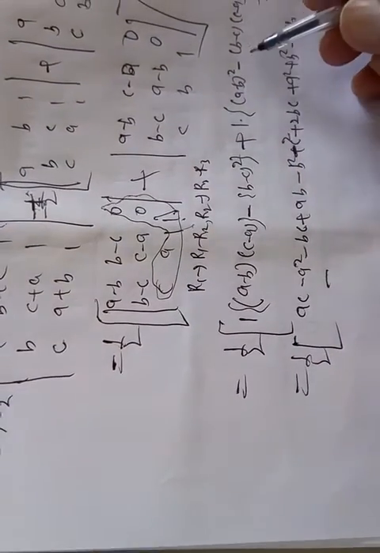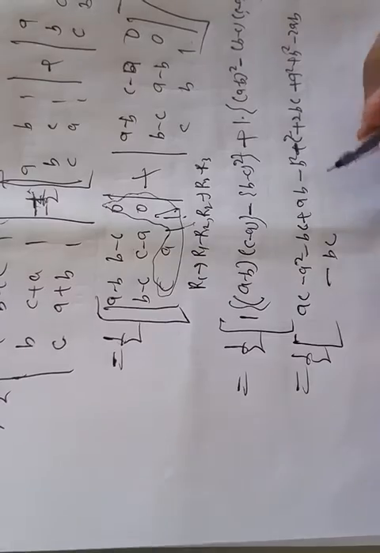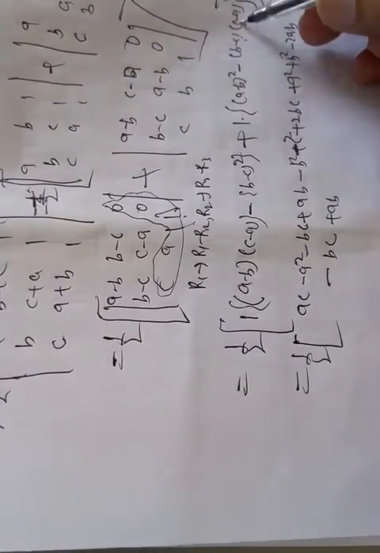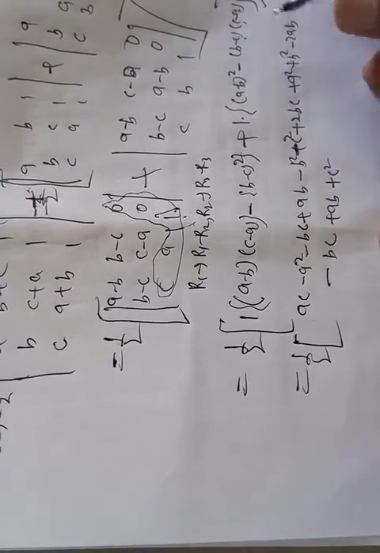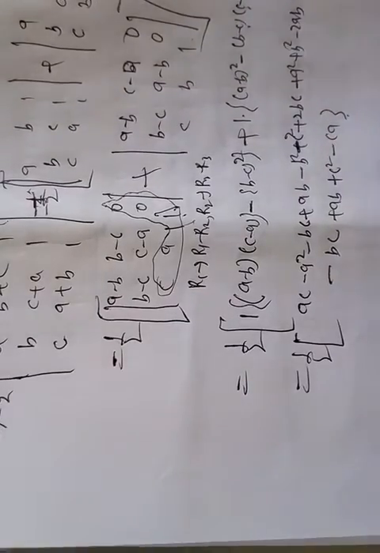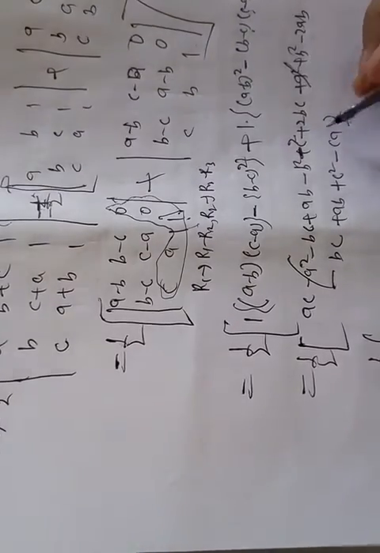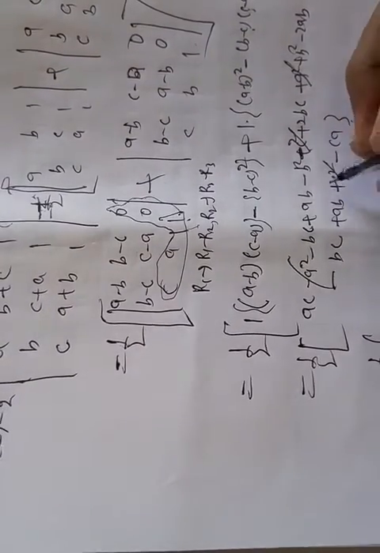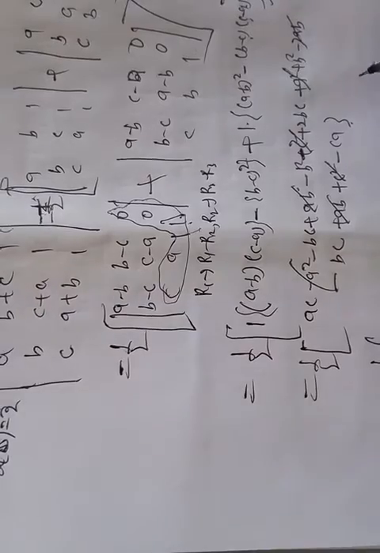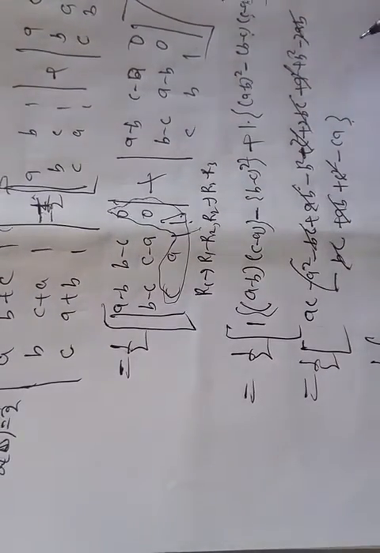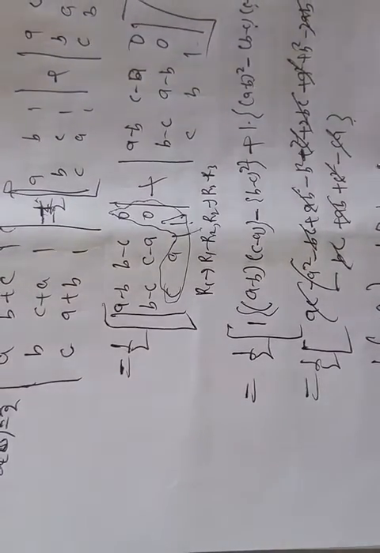Then minus bc plus bc, minus ab plus ab, and minus c square plus c square, and the a square terms cancel. The 2ab minus 2ab, and 2bc minus 2bc, minus ca plus ca, all cancel to give 0. So 1 by 2 into 0 is equal to 0.